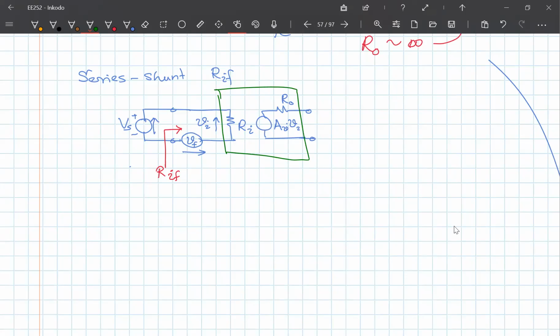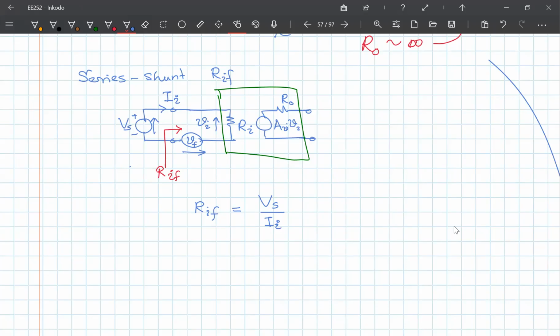Now you know the definition of Rif, the input resistance with feedback: if you input a voltage, it draws a current Is, which we call I in. We need to find this when the output is unloaded.